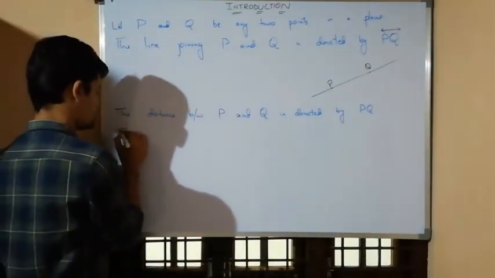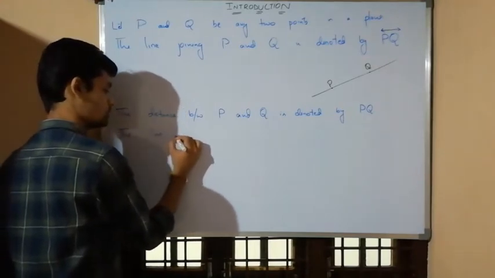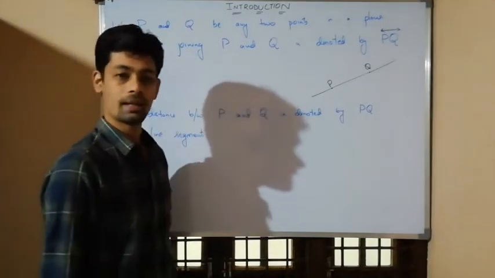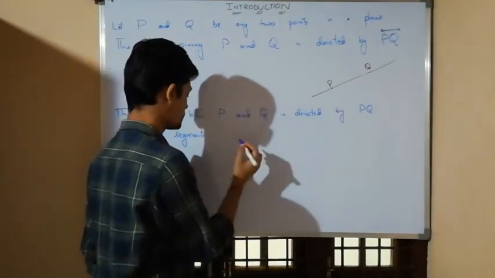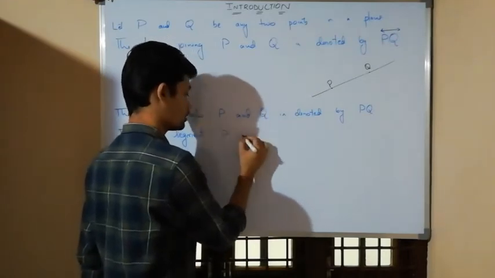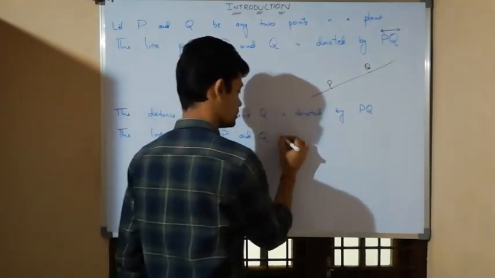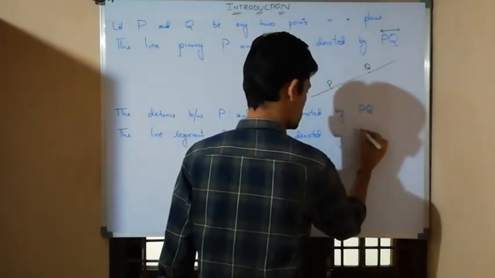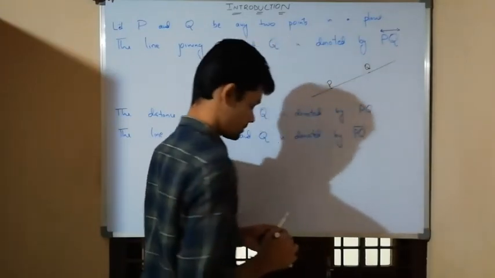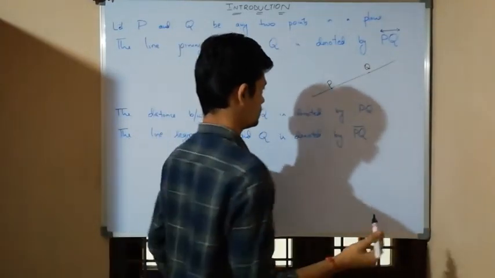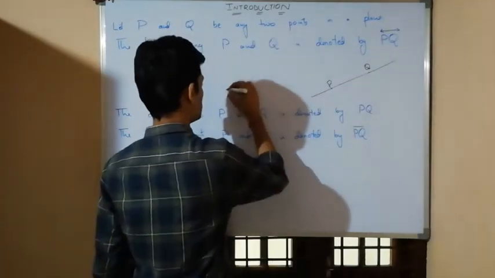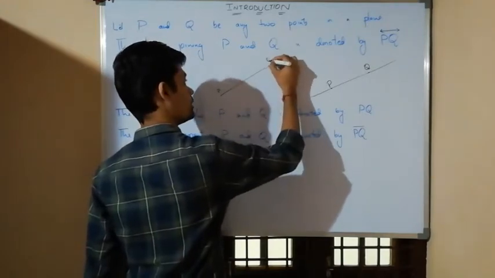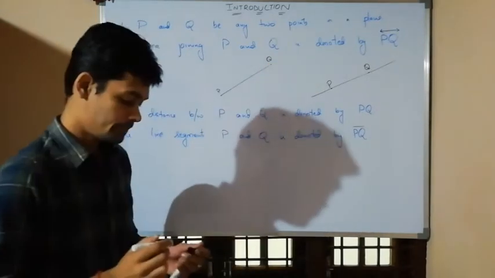The line segment PQ is denoted by like this. This is the point P and this is the point Q. The line segment PQ.